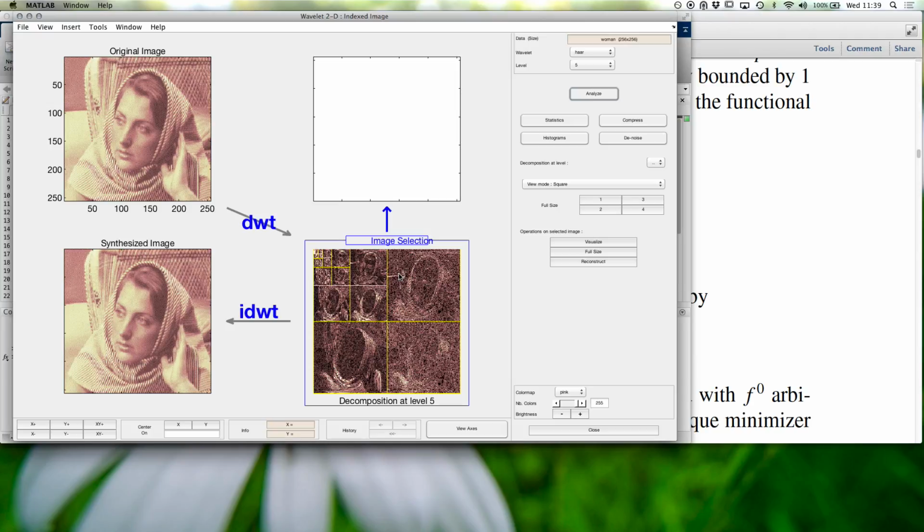Any questions maybe? So what do the 2D wavelets look like? Since in 1D we have those bits of wave, what do the 2D ones look like? It's kind of a tensor product thing.